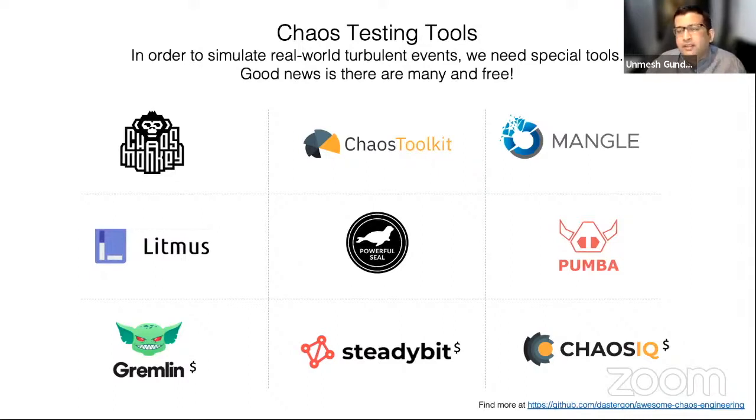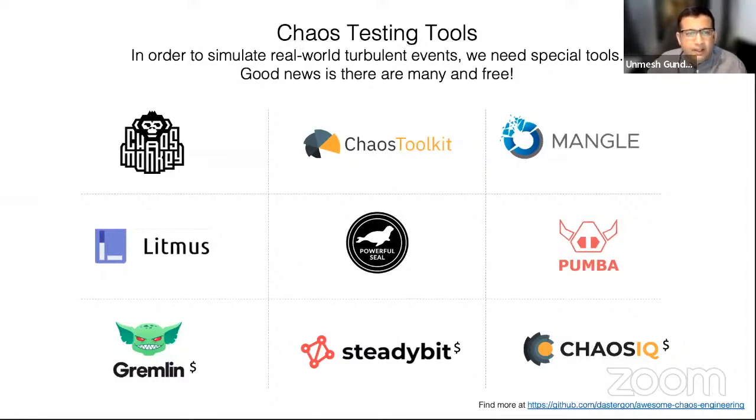So the very basic experiment that Netflix started was randomly shutting down EC2 instances in their AWS cloud, and then observing how it impacted the other components of their system and their operations team. However, now this discipline has been evolving, and lots of other parameters come into this mix. There are lots of tools coming up, both in the open source world and in commercial offerings as well.